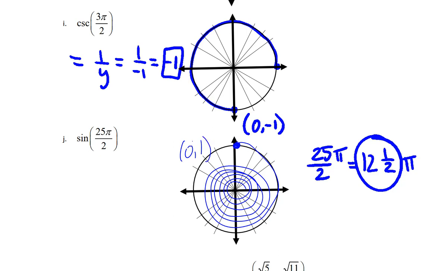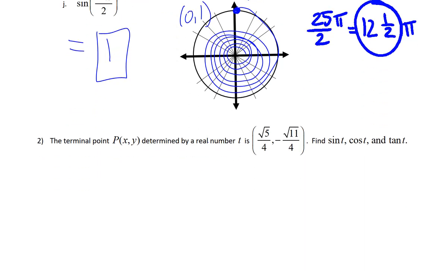And so we can convert this excessively large, improper fraction of 25 pi over 2 into a more familiar looking mixed number, which tells us exactly how many times to go around the circle, given that one full time is 2 pi, and then an extra half pi takes us up to the top, terminal point 0, 1. The sine value is what we're looking for. Sine is the y-coordinate. So the sine of 25 pi over 2 must be 1. That's the y-coordinate of that terminal point.